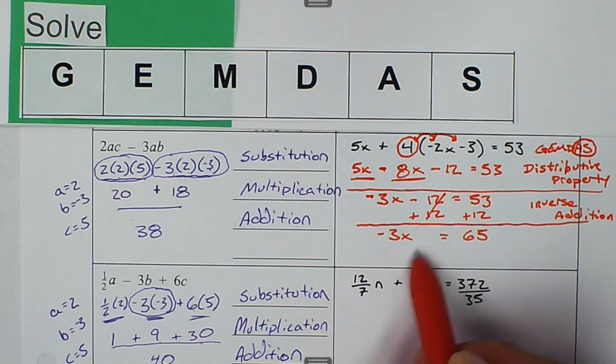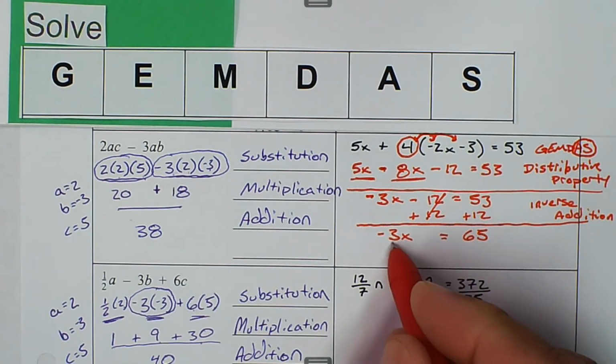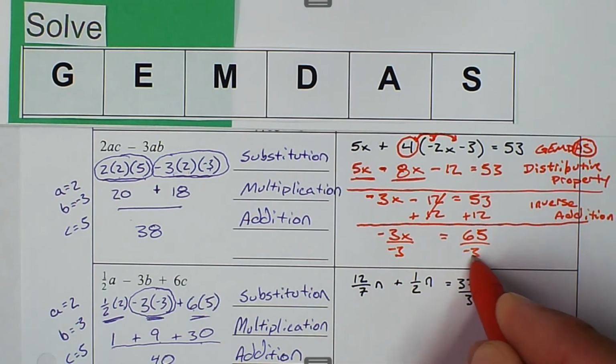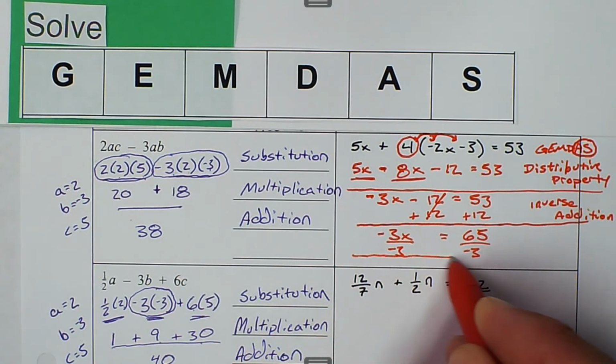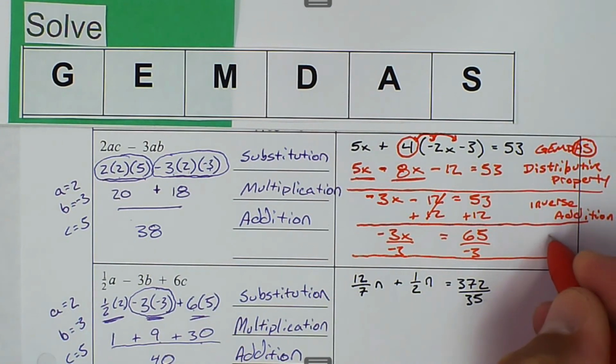And now we look at it and we see what operations do we have on the left side, what can we get rid of, and here we have multiplication. And so the inverse operation of multiplication is division. So we want to divide by negative 3, and that is inverse division.